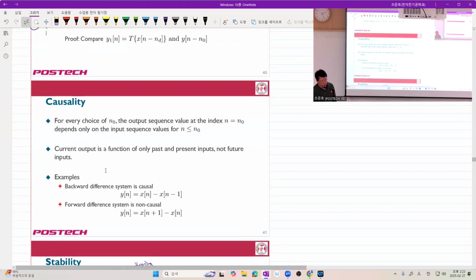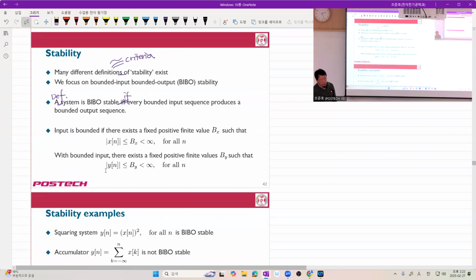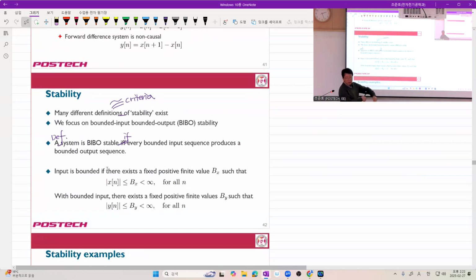Okay, let me just skip. And here goes stability. And stability is kind of a very strange terminology. And this is the story in engineering. We want to define some new idea.